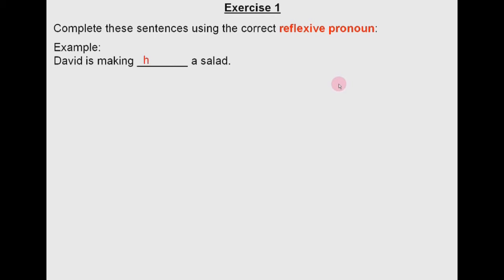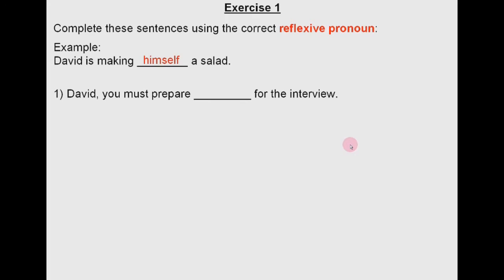Well, the answer is himself. David is making himself a salad. So question 1, and I will give you a few seconds. The answer is: David, you must prepare yourself for the interview.